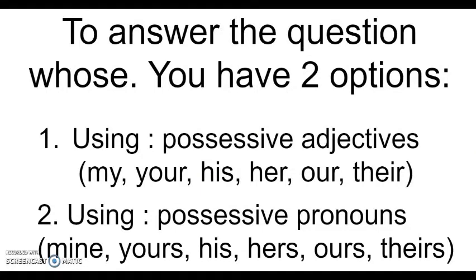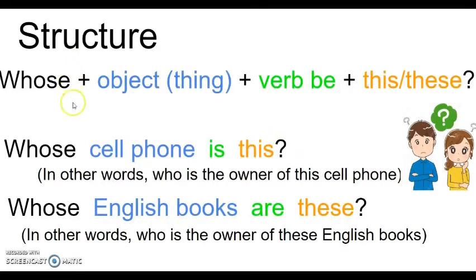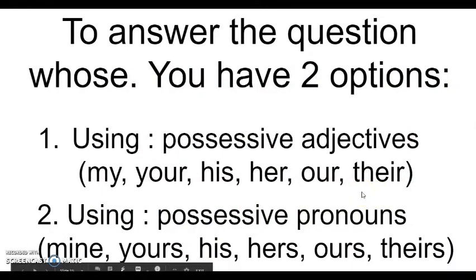When we have these questions, we have two different options to answer the question whose. For example, whose cell phone is this? Whose English books are these? The number one option is to use the possessive adjectives that you already know: my, your, his, her, our, and their. But we have another option, which is using the possessive pronouns.